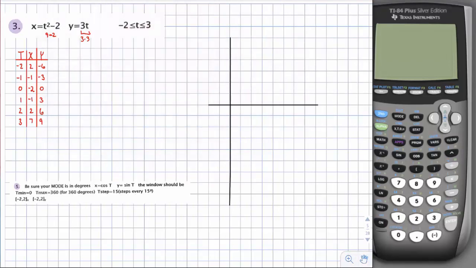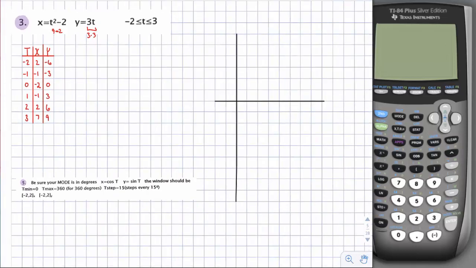So the first point, again, is 2, -6. So right 2, down 1, 2, 3, 4, 5, 6. Puts me right there. My next point is -1, -3, so -1, 1, 2, 3, puts me right here. Then -2, 0, puts me right there. Then -1, 3, puts me up here.